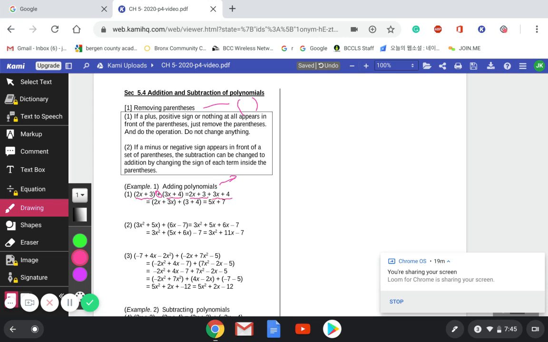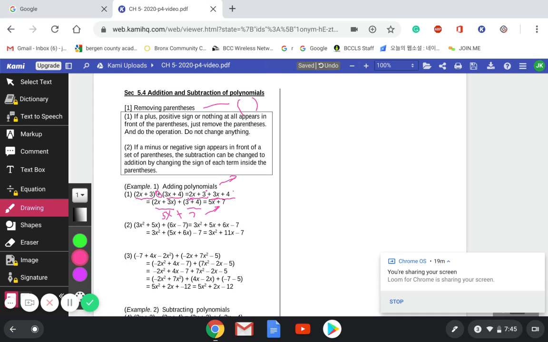Then combine the like terms. 2x and 3x are like terms, so you combine them, and 3 and 4 are like terms. 2x plus 3x is 5x, and 3 plus 4 becomes 7. So you end up with 5x plus 7.